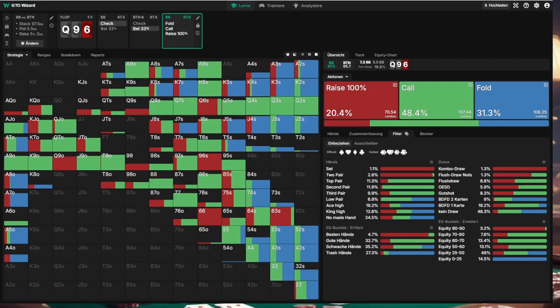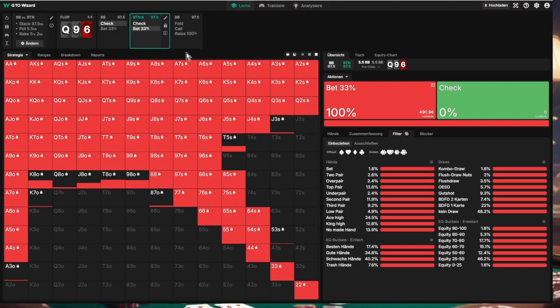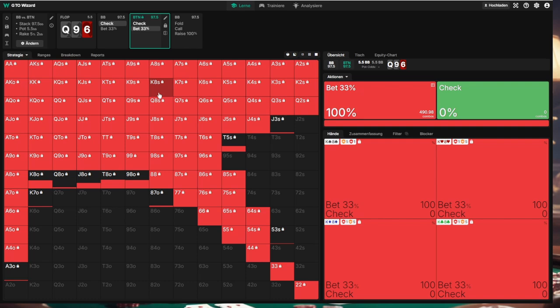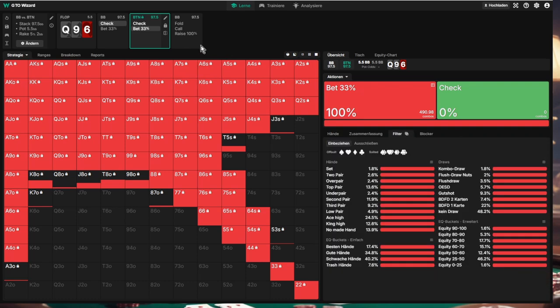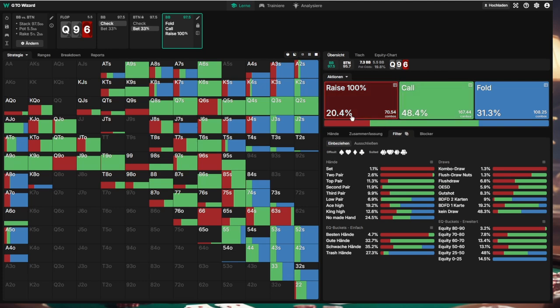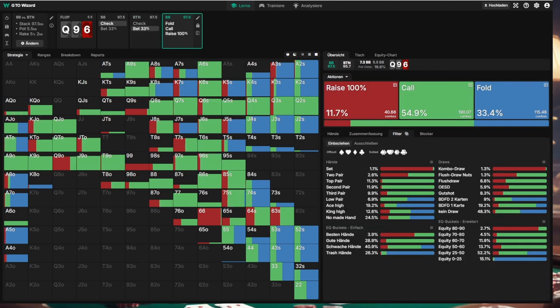I also have the solution here for if we node lock to range bet and we let our GTO friend adjust accordingly. We can see the raises are quite hefty, right? If we compare this to the normal solution, this is basically double the increase.